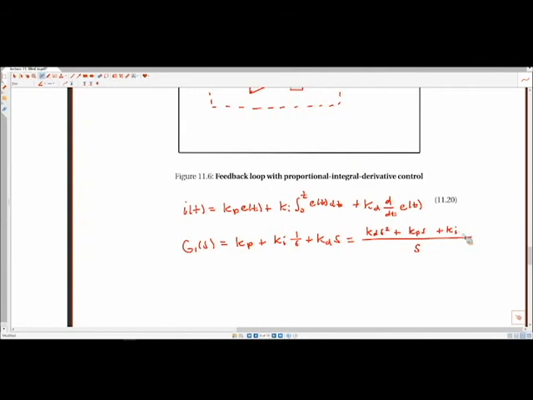Okay, so again, because we have an integral term, this increases the system type by 1, right? So now we have a pole at the origin in our controller.